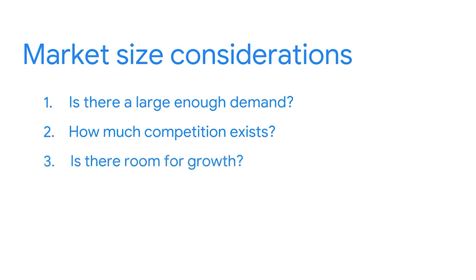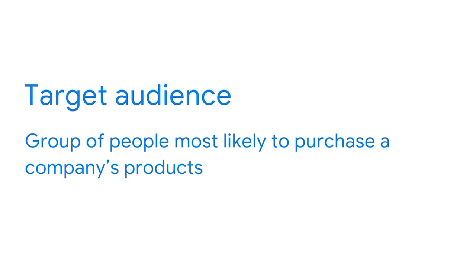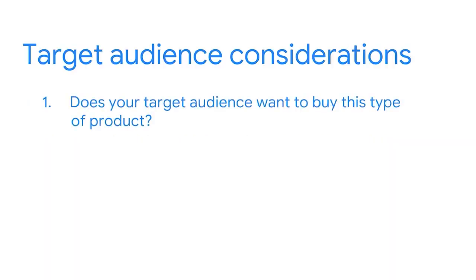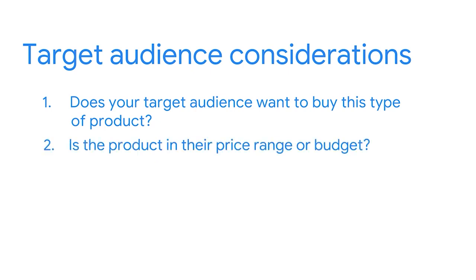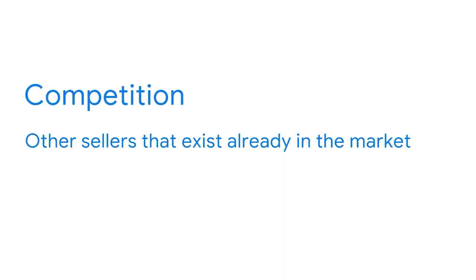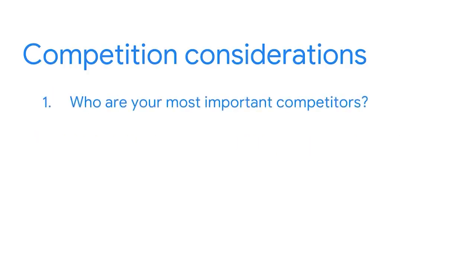Second, you need to consider your target audience, the group of people most likely to purchase a company's products. Does your target audience want to buy this type of product? Is the product in their price range or budget? And finally, you'll need to understand the competition, or the other sellers that exist already in the market. Who are your most important competitors?